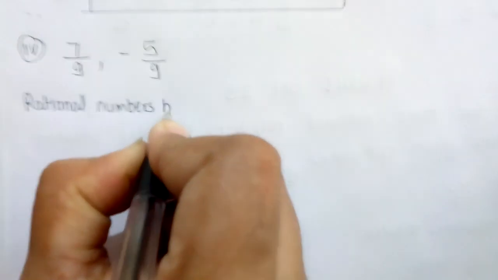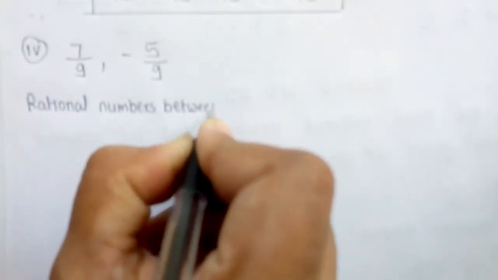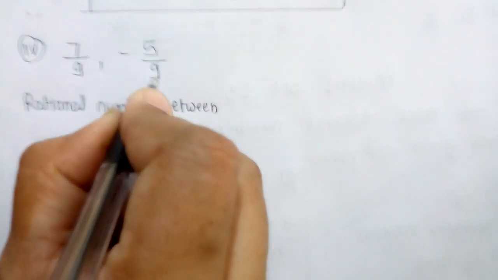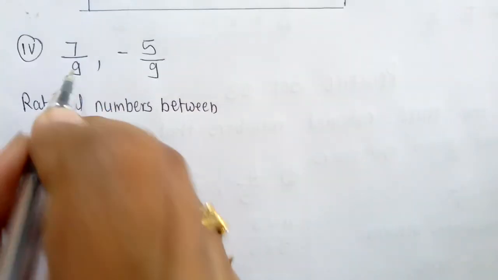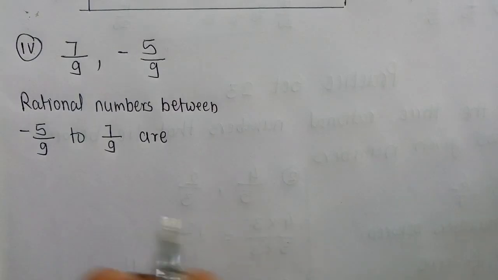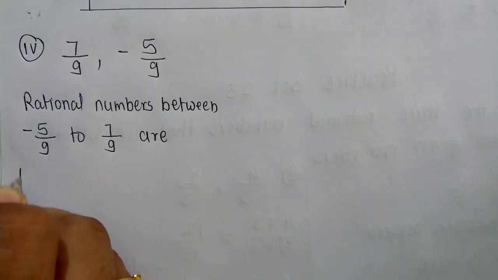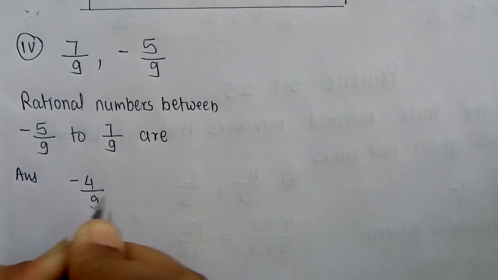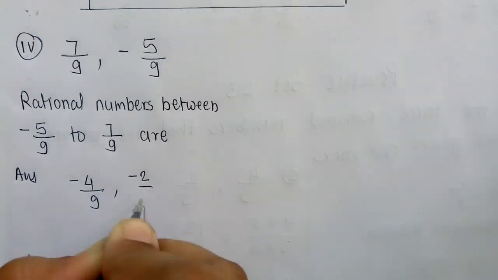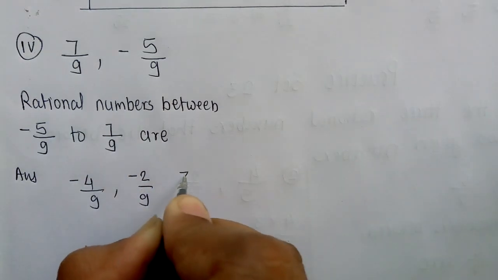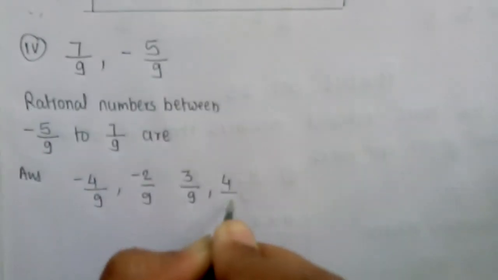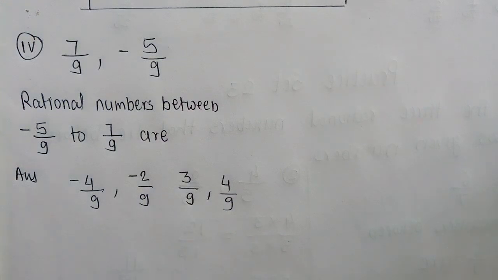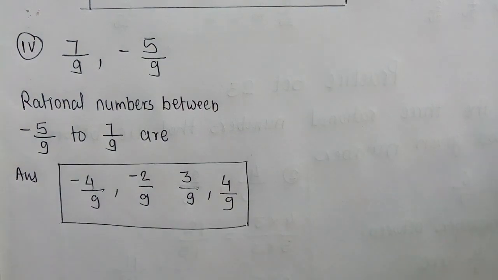So rational numbers between negative 5 upon 9 and 7 upon 9 are, you can take 3 or more than 3. Answer, you can take negative 4 upon 9, negative 2 upon 9, or otherwise 3 upon 9, 4 upon 9 and so on. And this is our answer.